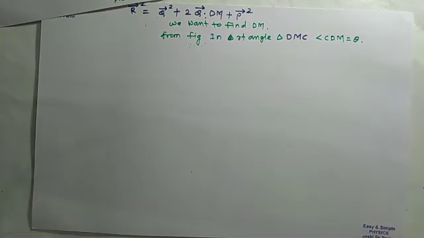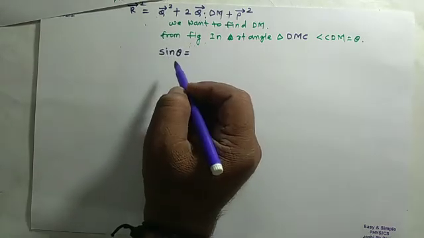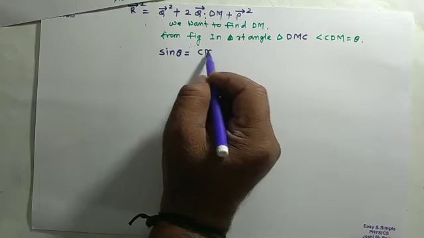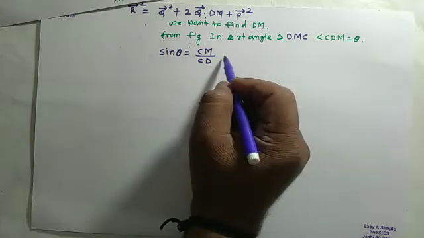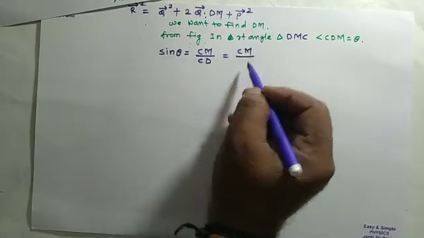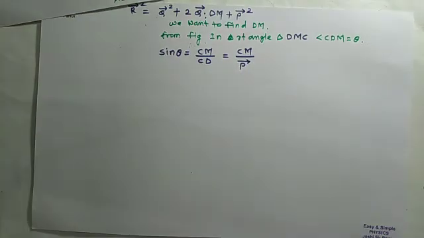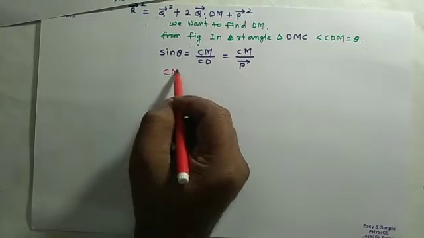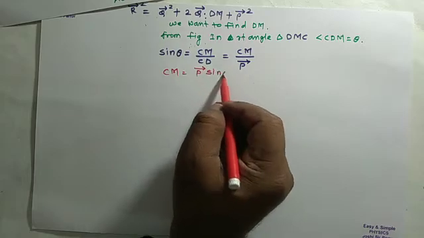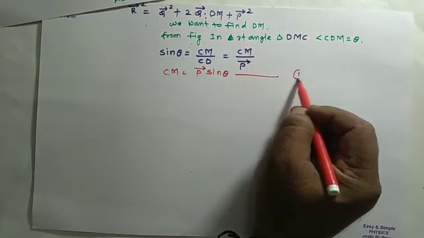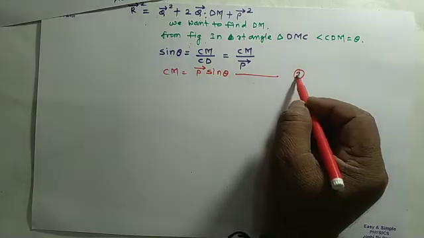From the figure we can write sine of theta is equal to CM upon CD, which is CM upon vector P. Therefore, CM is equal to vector P sine of theta, equation number 2.